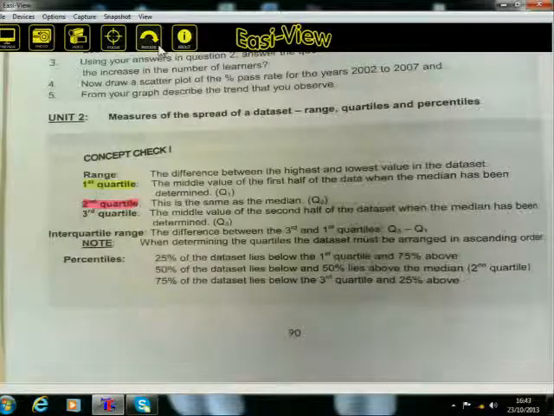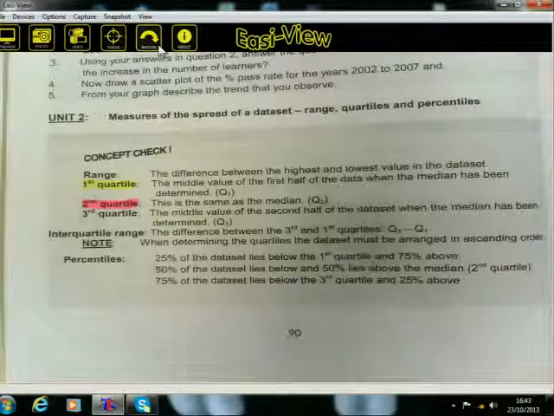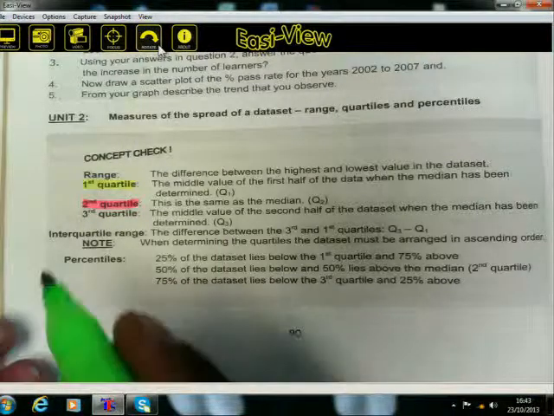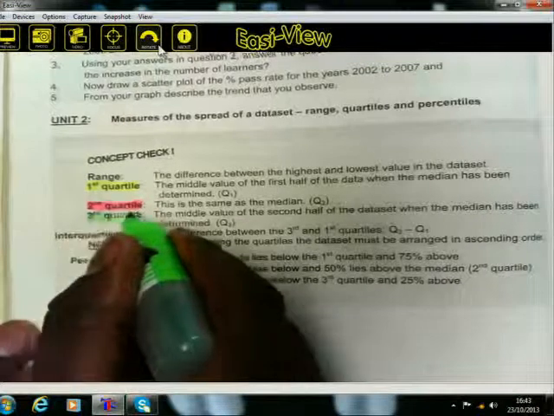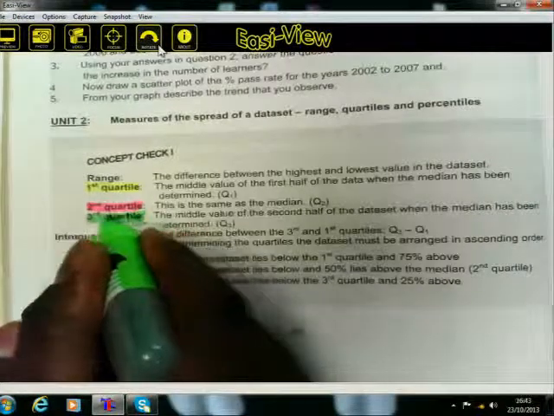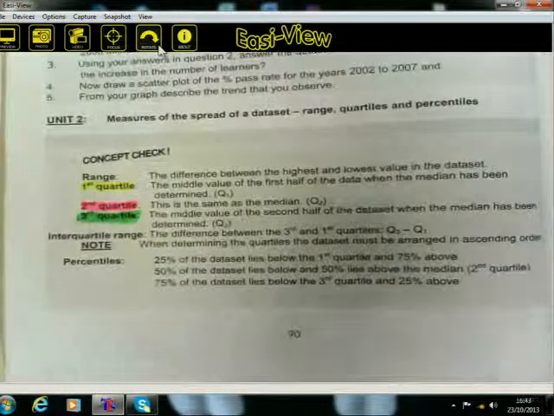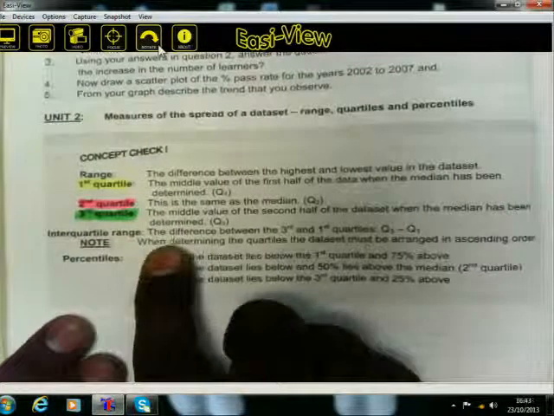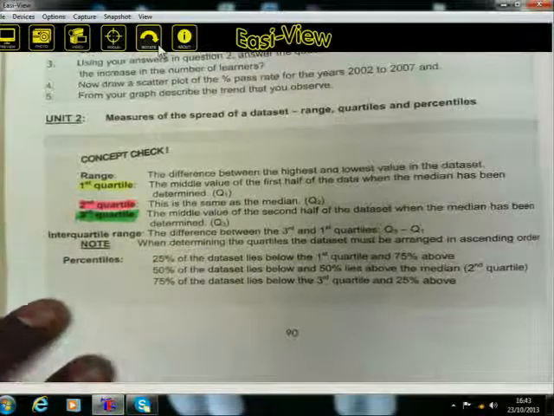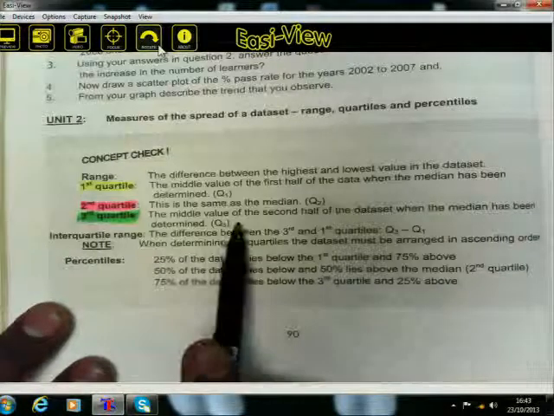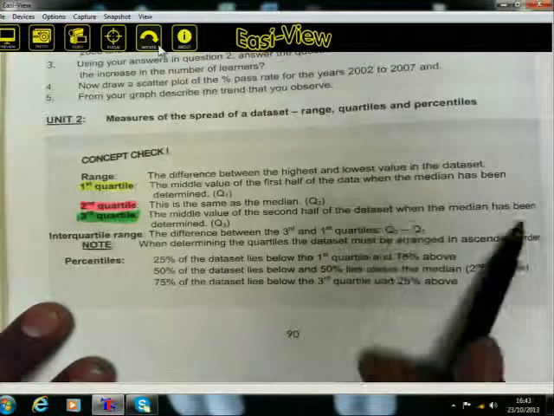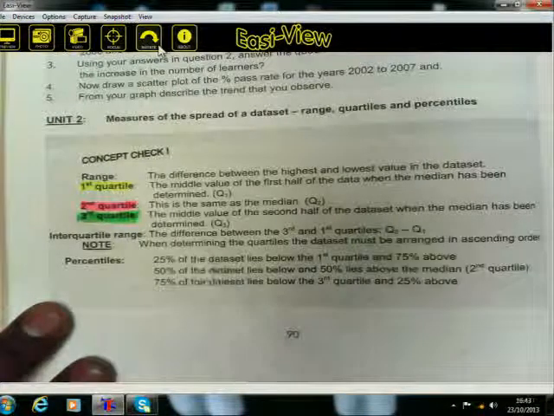Now, the interesting one, the third quartile. We're busy talking about quartiles. What is the third quartile? We are talking about the middle value of the second half of the data set when the median has been determined.